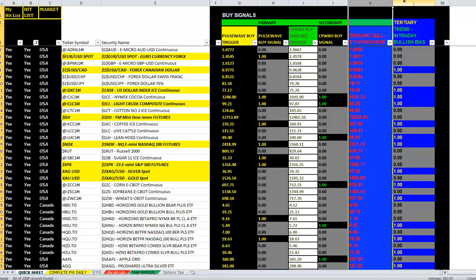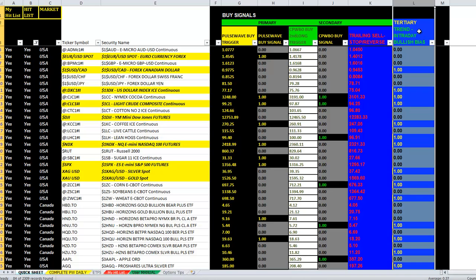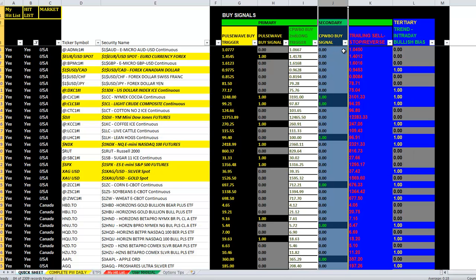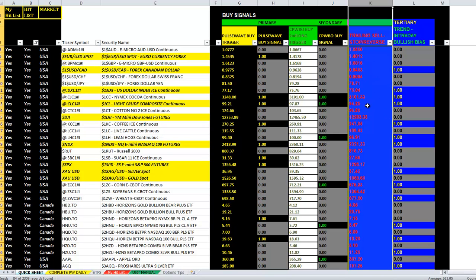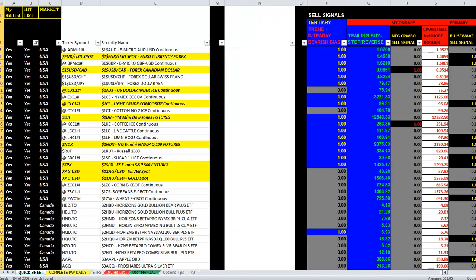So regardless of whether I'm buying the bullish bias or the CP, or I'm buying the AP, which is our aggressive pulse wave breakout trigger, it doesn't matter which one I'm buying. This is the stop for all that. And this stop is updated every day and designed to trail your open positions to lock in profit. You can even be more aggressive and move stops even tighter to lock in profit. It's up to you, and we do discuss that in the trading room every day.